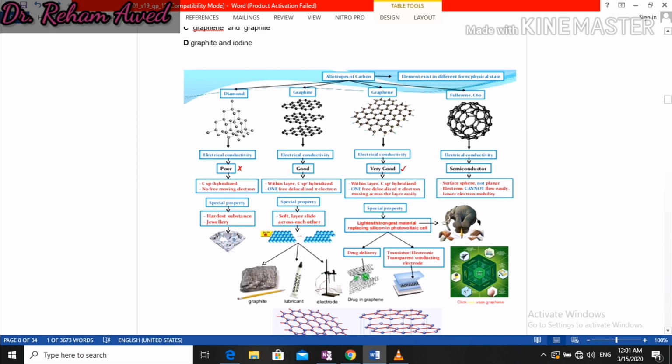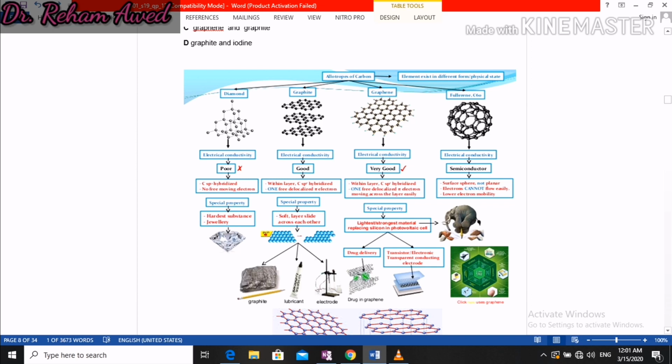From the following picture, we can start to memorize the allotropes of carbon. Allotropes of carbon are elements existing in different physical forms. We have different allotropes of carbon: diamond, graphite, graphene, and fullerene.